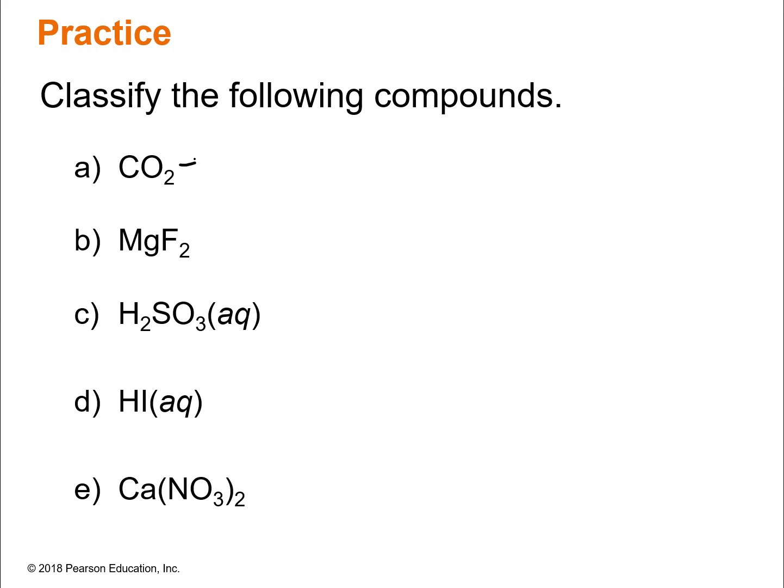We have a chemical formula, CO2. You want to take note of how many elements you see. So how many elements are in this molecule? It's not a trick question. There's two elements. So it must be some kind of binary something, okay? So we've already narrowed it down.